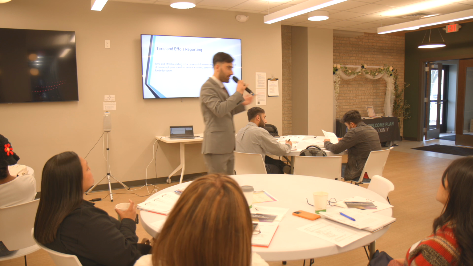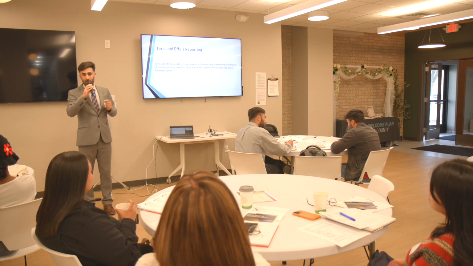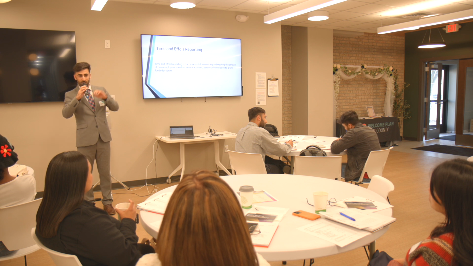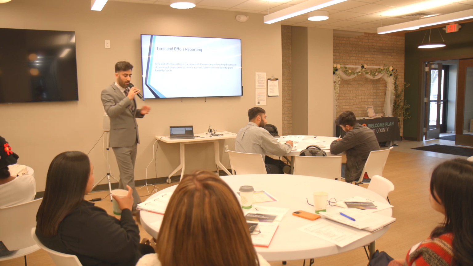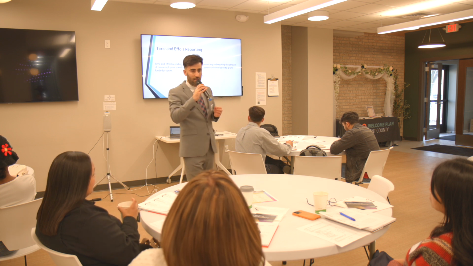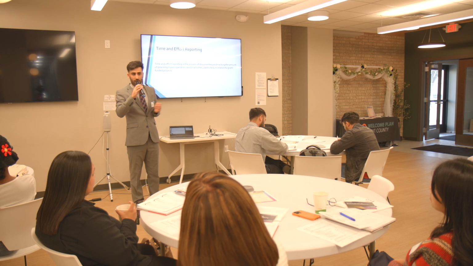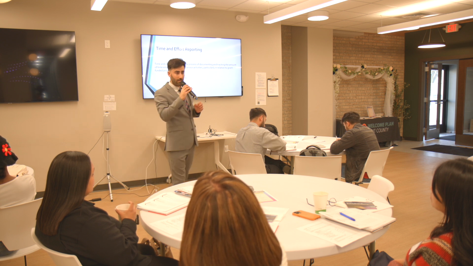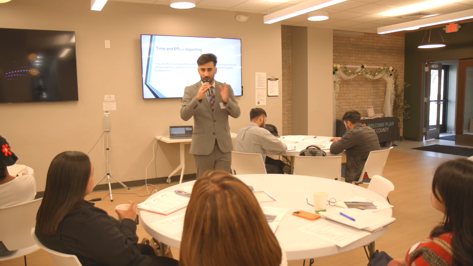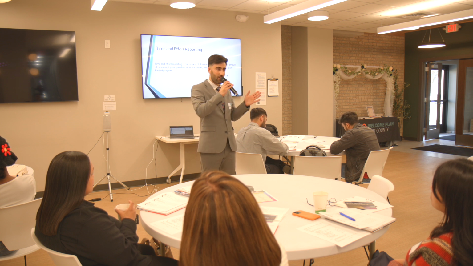On the basis of this, every grant needs a time and effort report. I'm not sure about the organizations you work with, but maybe monthly you will receive from your accounting department a report called a time and effort report. You have to fill out that report and then submit it. Basically, the time and effort report says how much of your time was allocated to different grants.